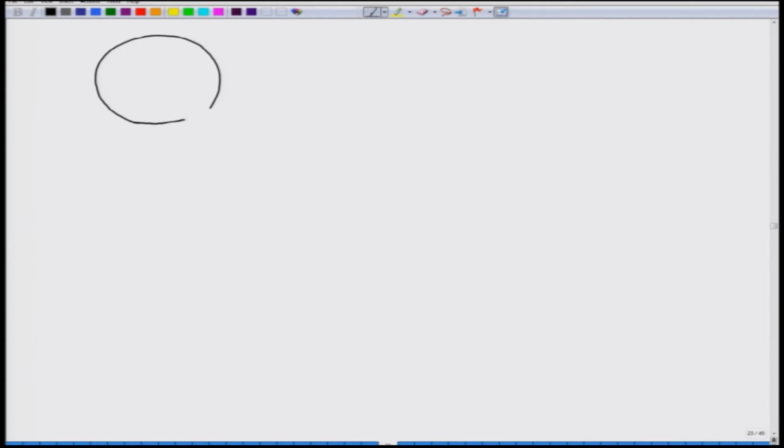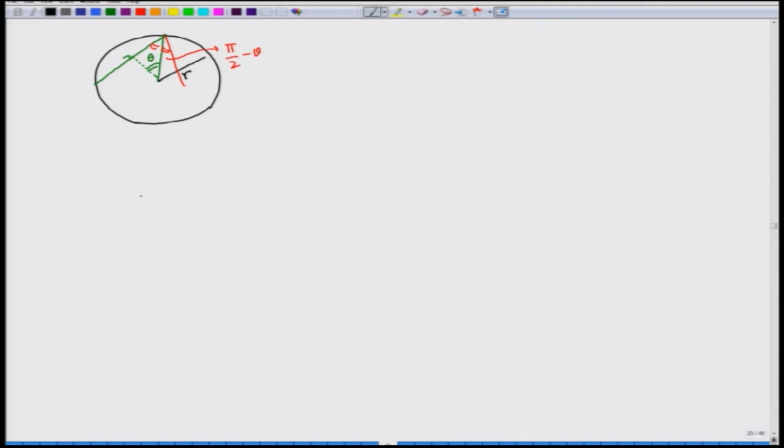When this cavity has radius r and a light ray is going such that from the center, if I draw a perpendicular to this, the angle where it hits is theta, and this light ray reflects again, and this is going to be pi by 2 minus theta, and so is this angle.